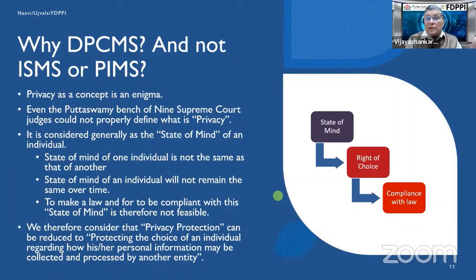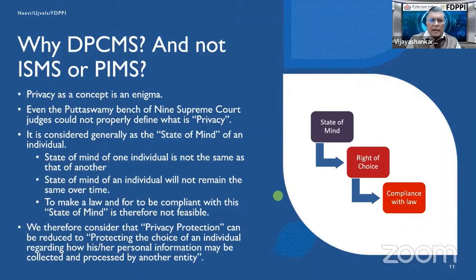Now, when you say privacy is a right related to the state of mind of an individual, and somebody is expected to protect that privacy, the protector of this privacy should know what the state of mind of an individual is. And one individual is not the same as the other individual, and the same individual is not the same today and tomorrow.